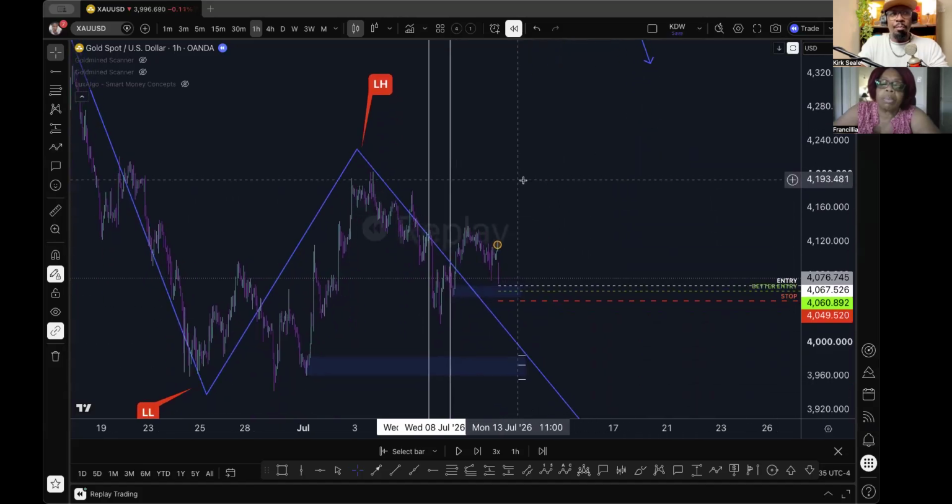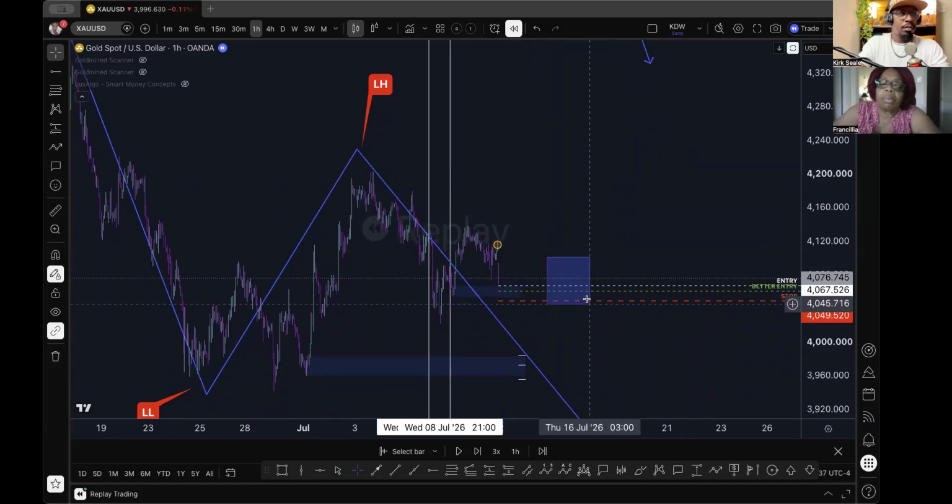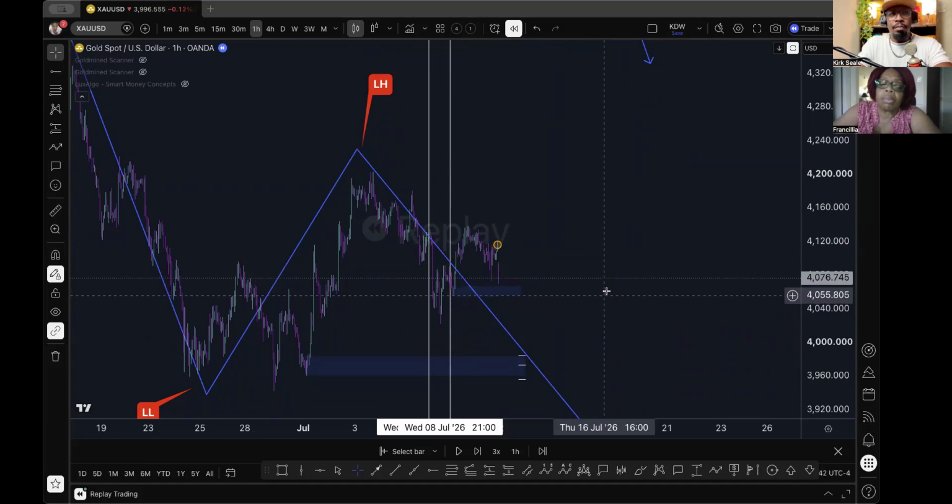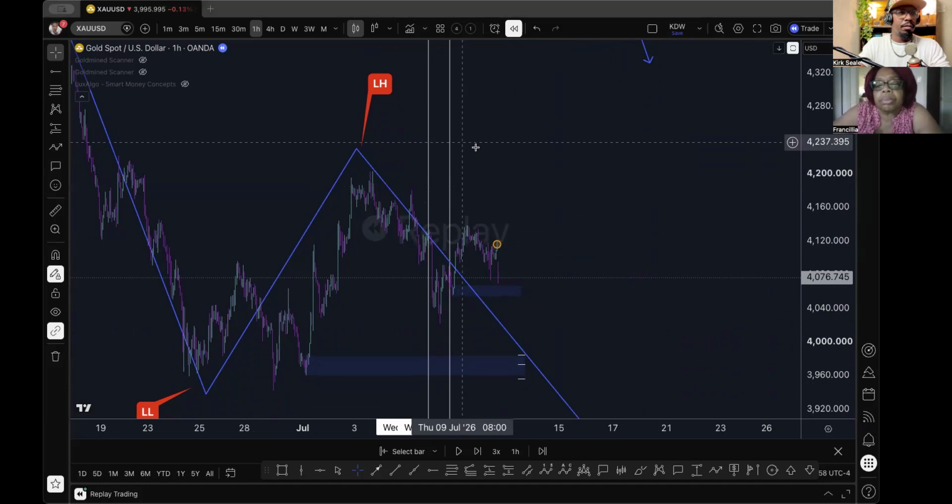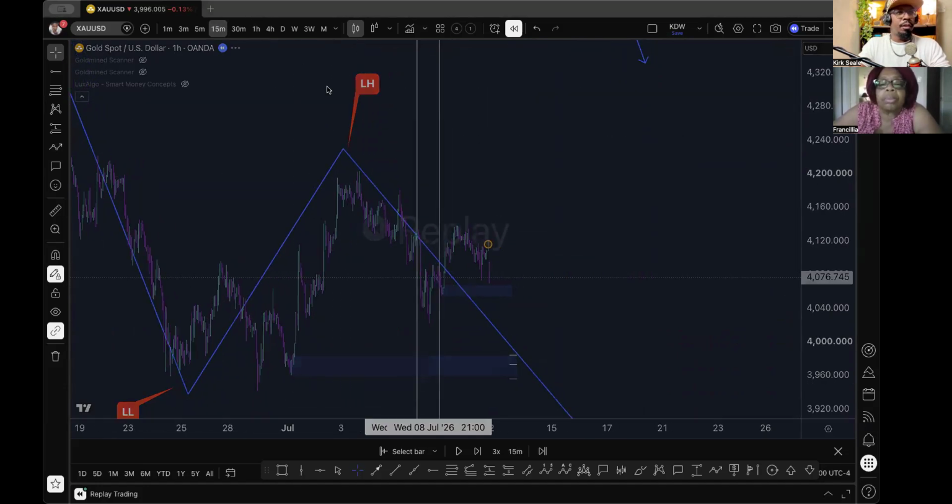We need to come from the 1 hour, sorry, to a lower time frame so we can get into those details. Those details are eventually going to give us where we need to enter, and how we take it from there. All right, 15 minute.